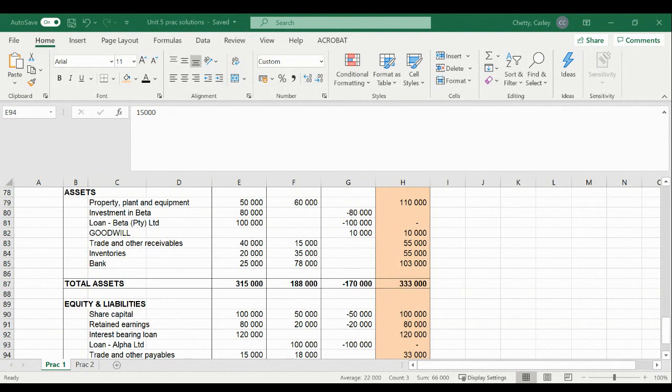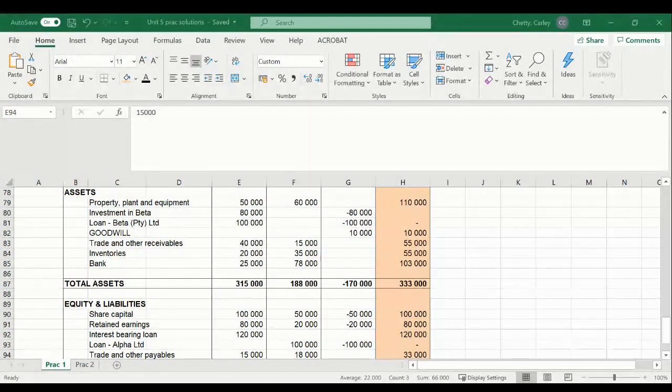say for bank, if you went 25,000, or let's rather look at share capital. If you're going 100,000 Rand plus 50,000 Rand, and then you have your pro forma journal entry of 50,000 Rand, that will give you 100,000 Rand.